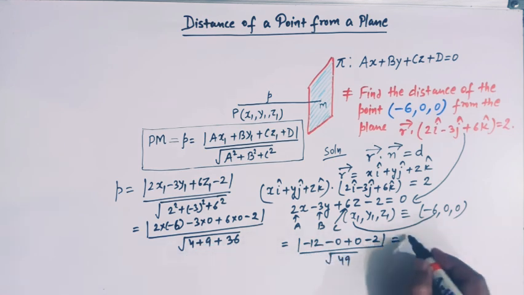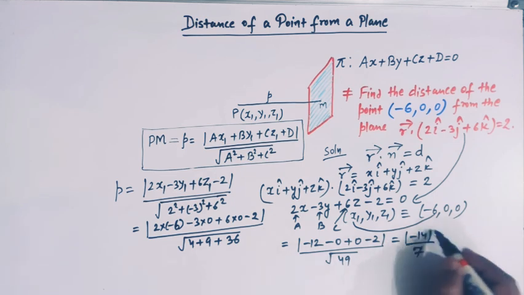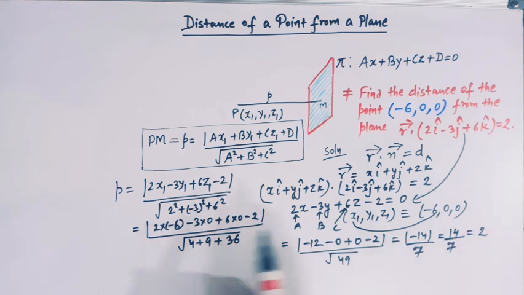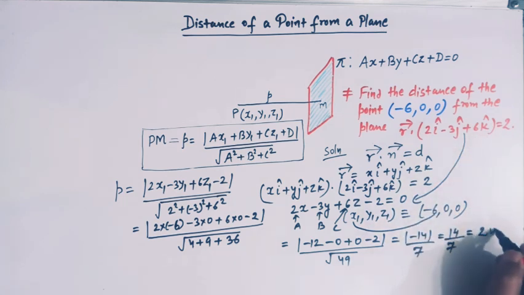So here we have absolute value of minus 14 divided by 7, so this becomes 14 divided by 7, and we have 2, right? So the distance of this point from this plane is 2 units, right?